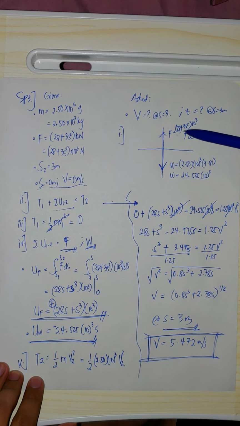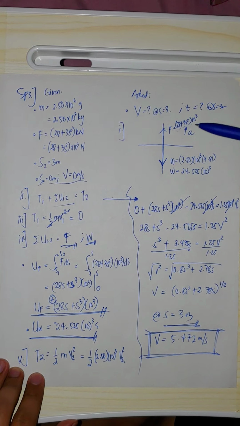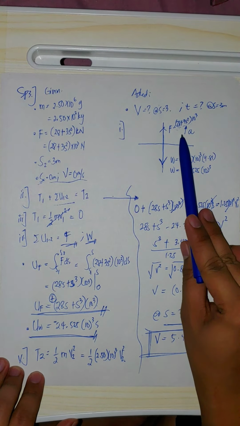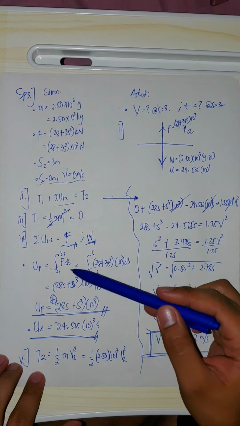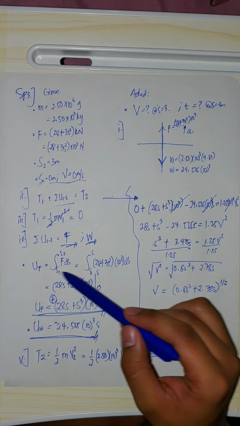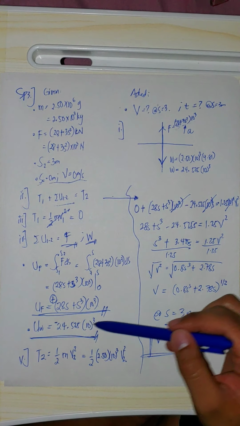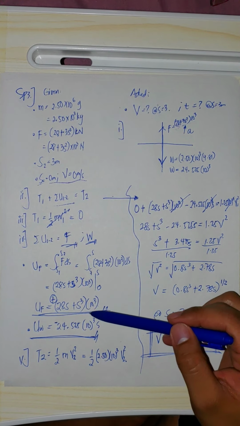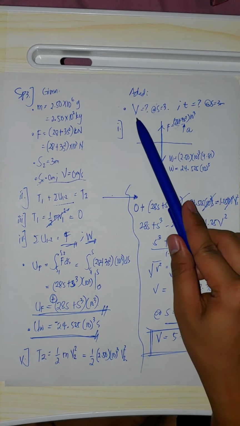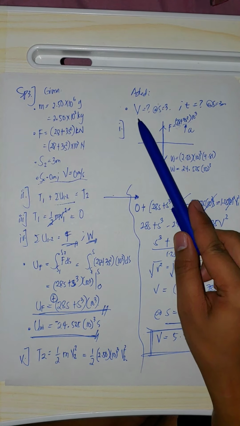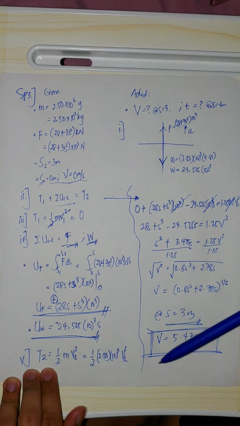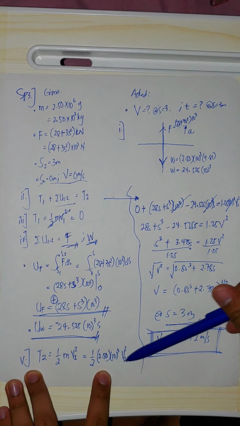And our work here is variable. That is, to get the work due to this variable force, we integrate it. So that's why we have an integration here. But we write it in function form because what is given is the velocity and the time. And then we have the final velocity, final kinetic energy here. So we have shown here.